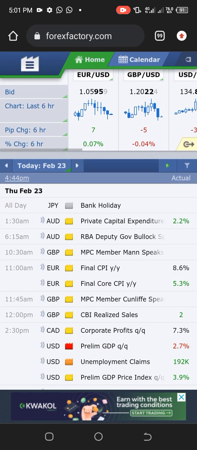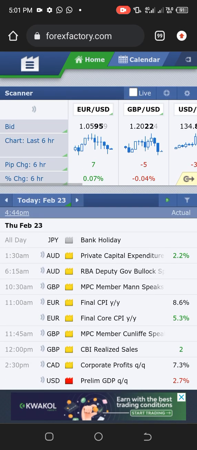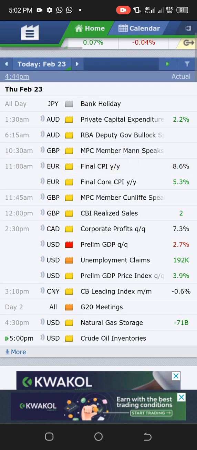If this is your first time visiting the site, you can see how it looks. You can see today is Thursday, February 23, 2023. And if you look down, you're going to see currencies here.